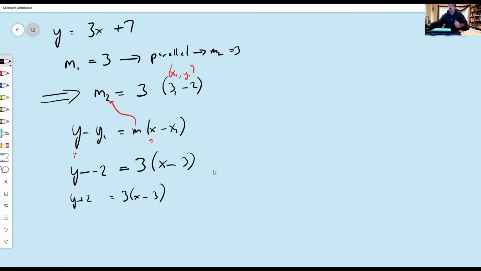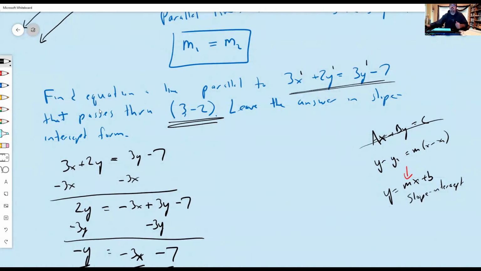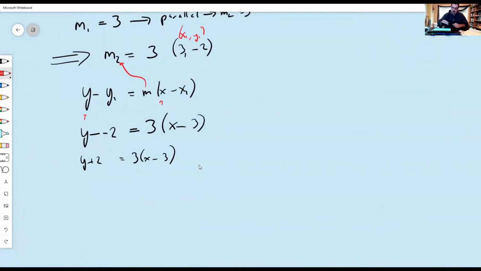Now remember, way back at the beginning, we said find the equation of a line that has all that stuff and leave your answer in slope-intercept form. So we just solve this thing down here for y. So 3x minus 9.